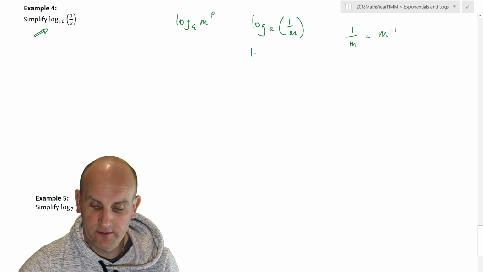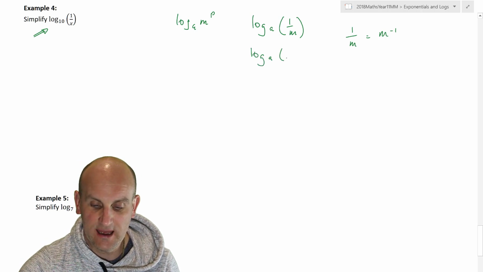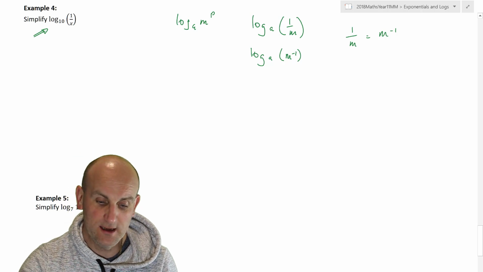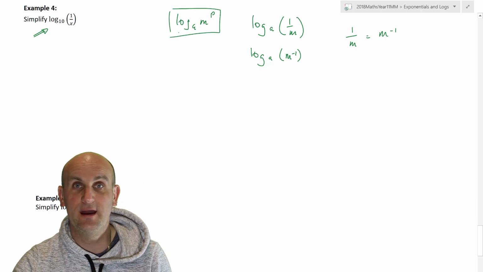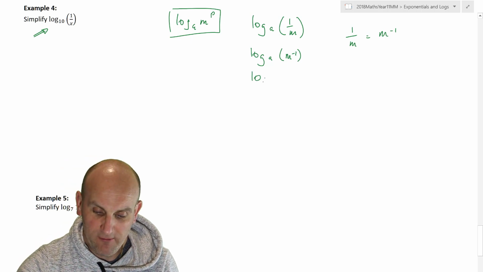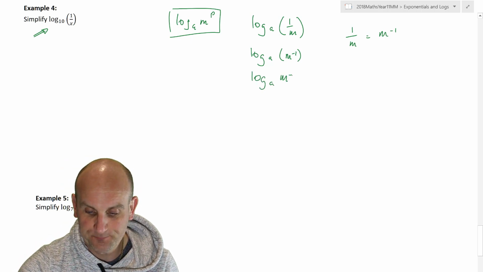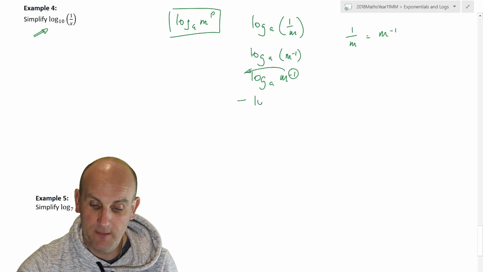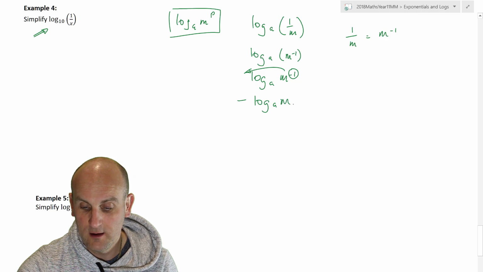So if I rewrite this now as log base a of m to the minus 1, do you see now how this links with that rule there? Because I now have m to a power, which means if I get rid of my brackets, just to make it clear, that power can move in front of my rule. So I get minus the log of a of m.